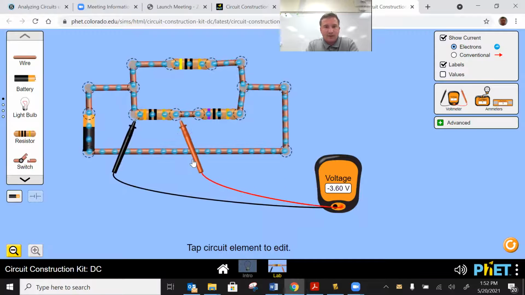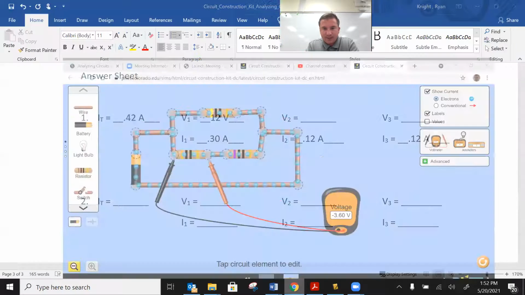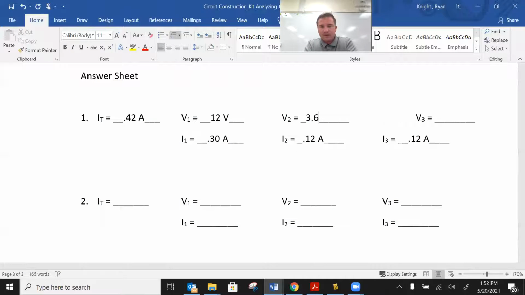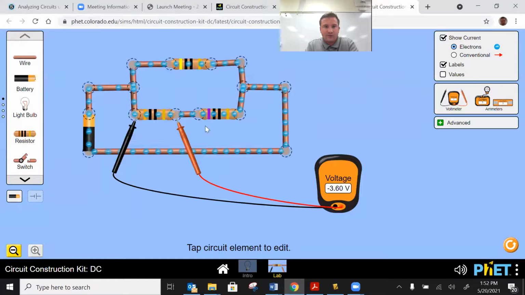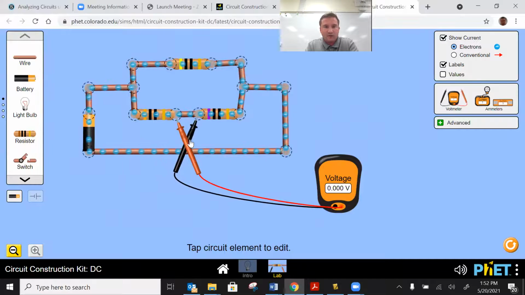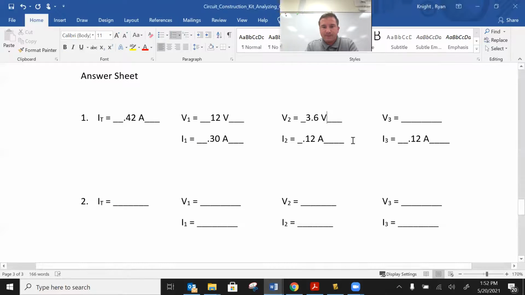One side, the other side, 3.6. So I'll put that in, 3.6. And finally, the third resistor, one probe on one side, other one on the other side, 8.4 volts. And there we go.